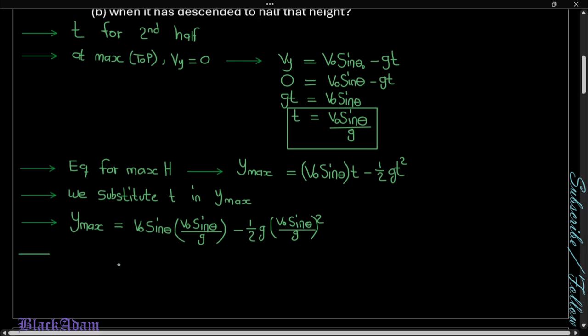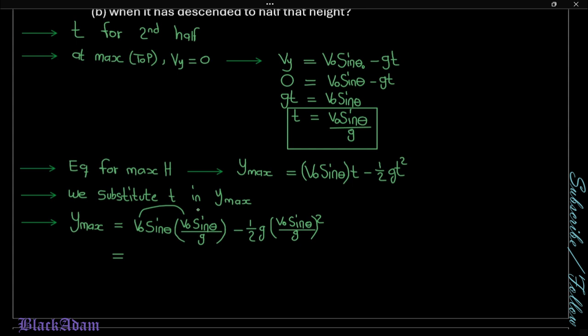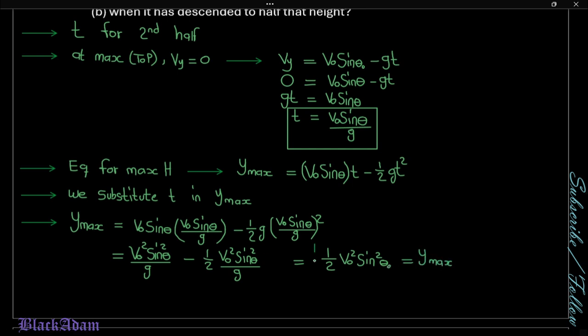Multiplying, that gives v initial squared sine squared theta over g, minus half v initial squared sine squared theta, all over g, since g over g squared is 1 over g. Simplifying further, 1 minus half is positive half, so half v squared sine squared theta over g equals y max.